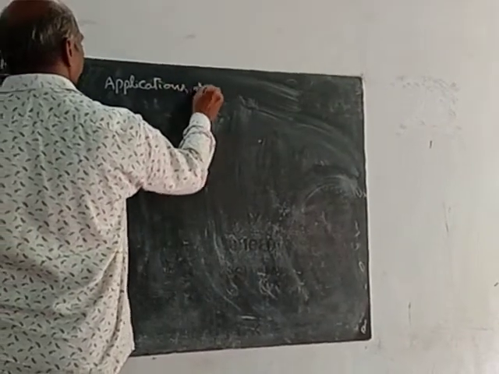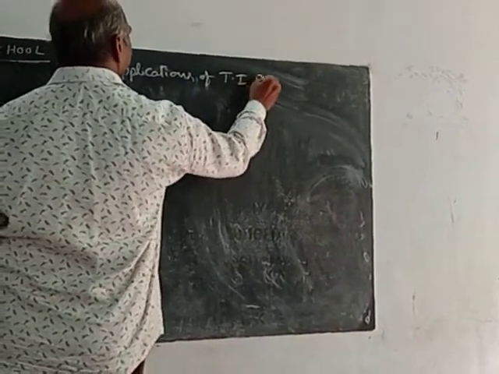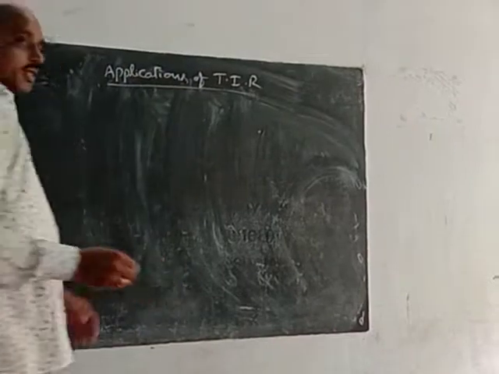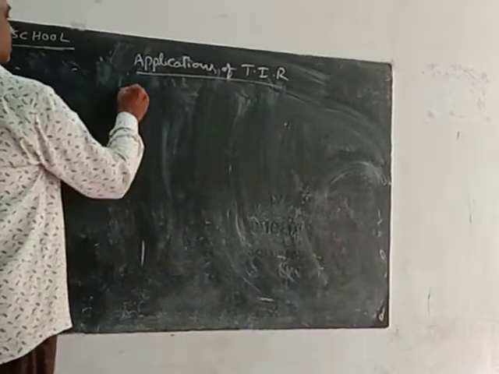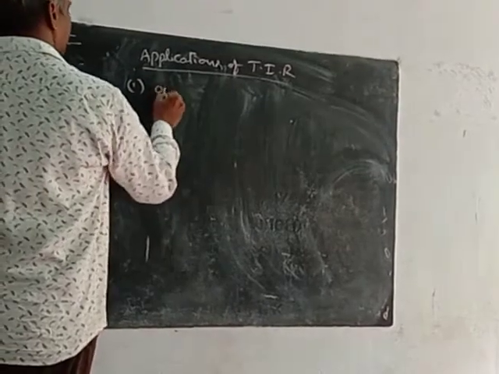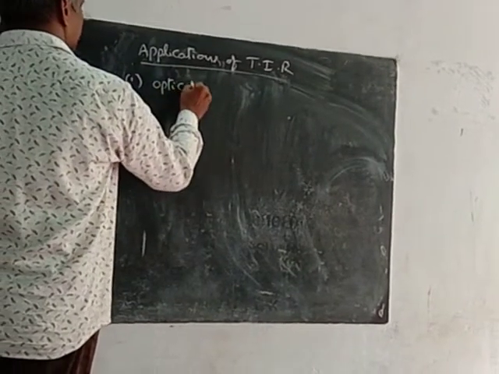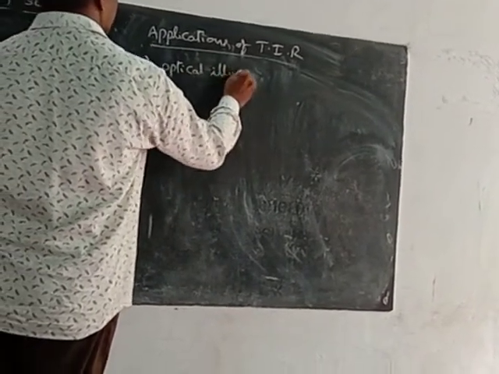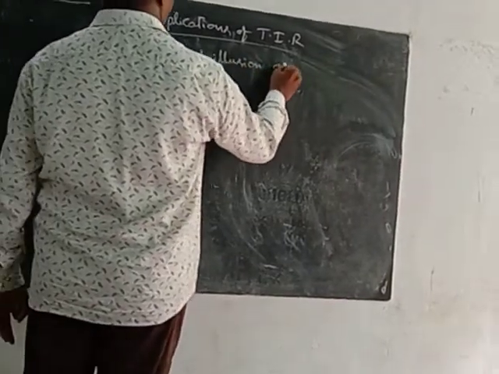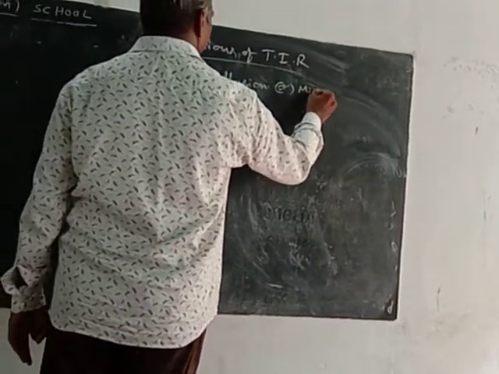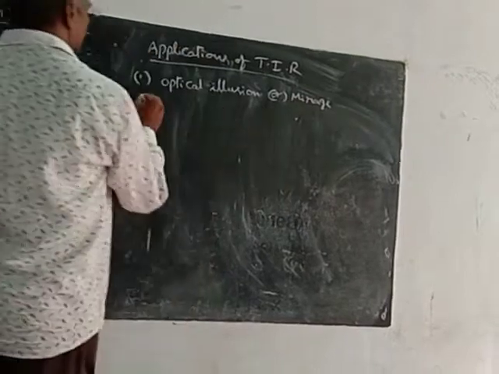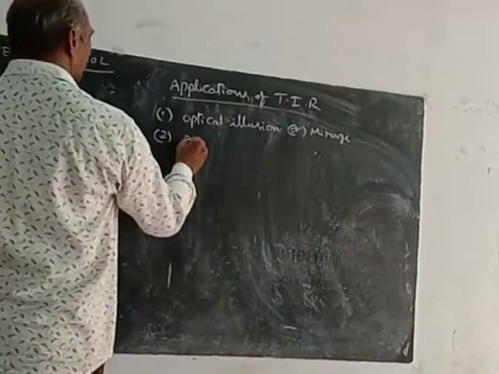Applications of TIR. What are the important applications of total internal reflection? Optical illusion or mirage. Second one is brilliance of diamond.